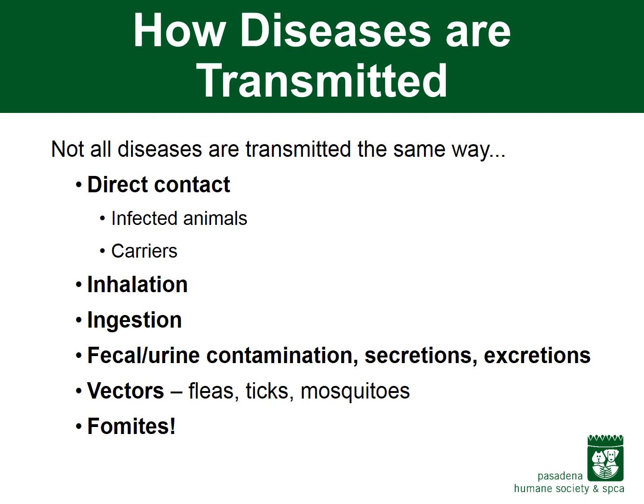Ingestion, fecal or urine contamination, secretions or excretions. Vectors, which are fleas, ticks, and mosquitoes. And fomites. We're all fomites. We can carry disease on our clothing, our hands, and even inanimate objects like bowls can be fomites.